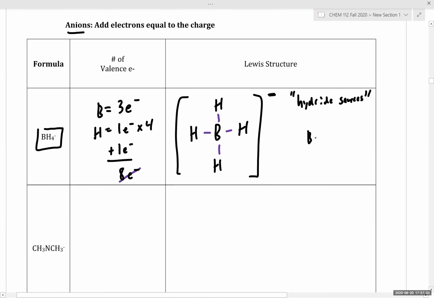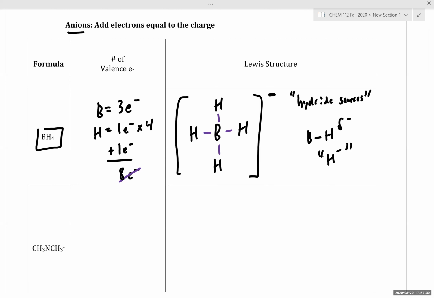If we look at a boron-hydrogen bond, the hydrogen has a substantial amount of anionic character, otherwise known as hydride character. So this structural motif often indicates a hydride donor. And we'll see this a lot when we look at mechanisms behind reducing agents.